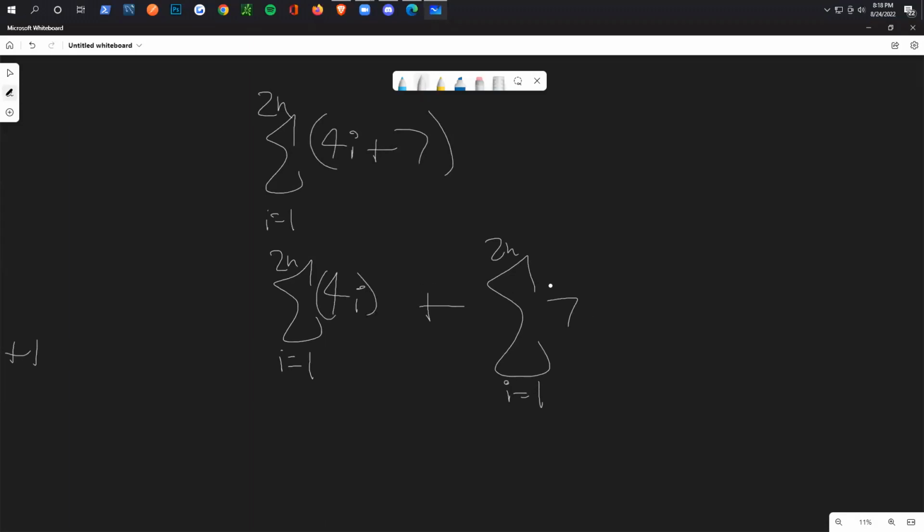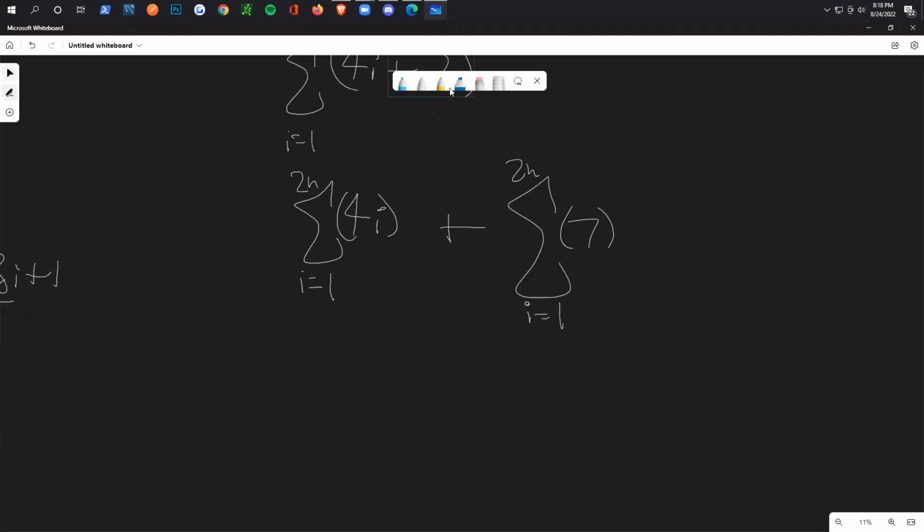Let's start with the one on the left. Last time I started with the one on the right, but okay. For i, we know our formula is the sum from i equals 1 to n of i.